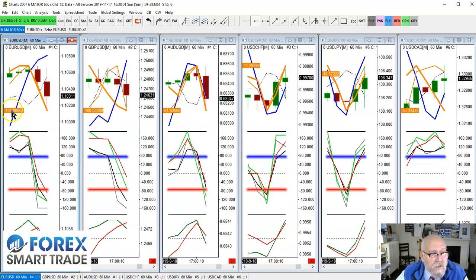Minus 100 on Euro USD. All 4 lines touching or below. Let's go ahead and take a buy. Market on a red candle. The current price is the bottom of the candle. And 1030, we're going to go to 1035.